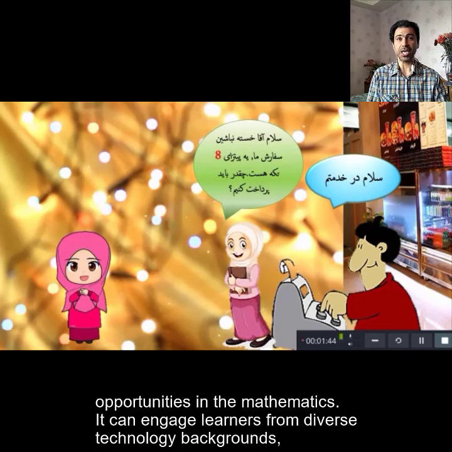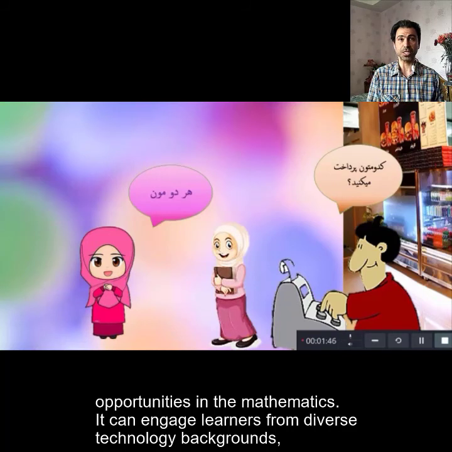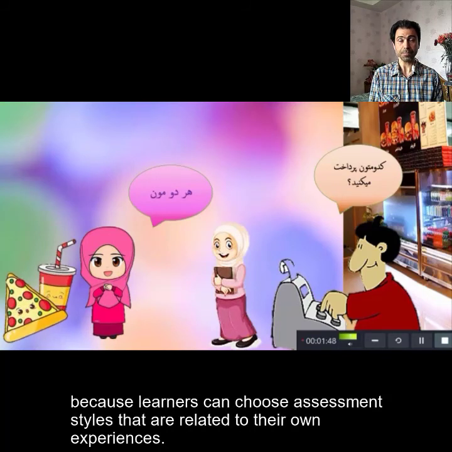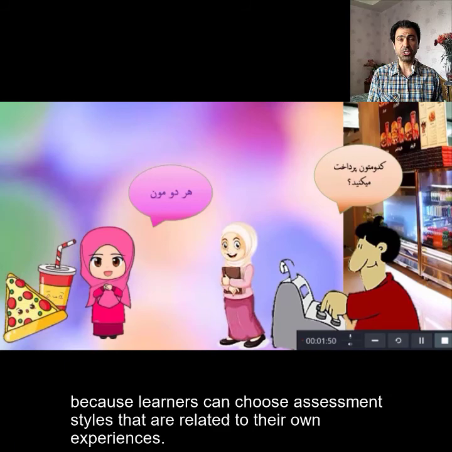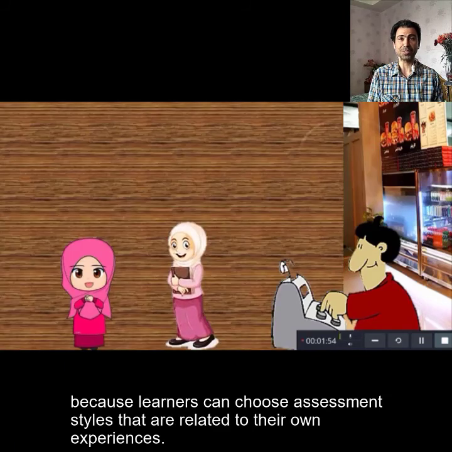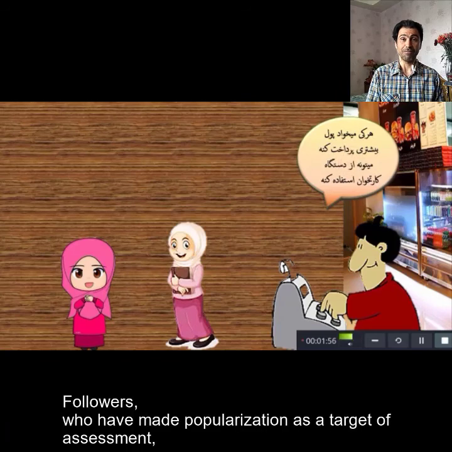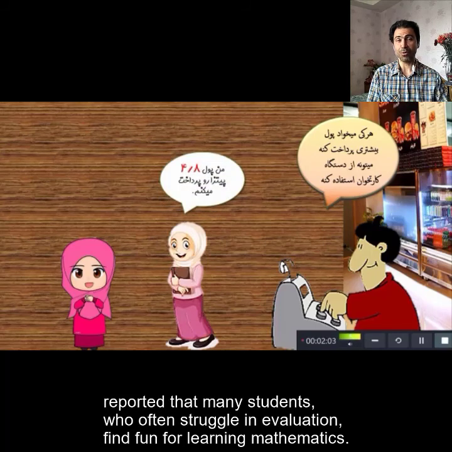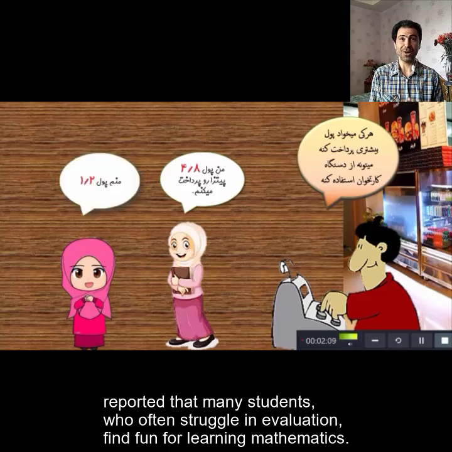It can engage learners from diverse backgrounds because learners can choose assessment styles that are related to their own experiences. Researchers who made popularization a target of assessment reported that many students who often struggle in evaluation find fun in learning mathematics.